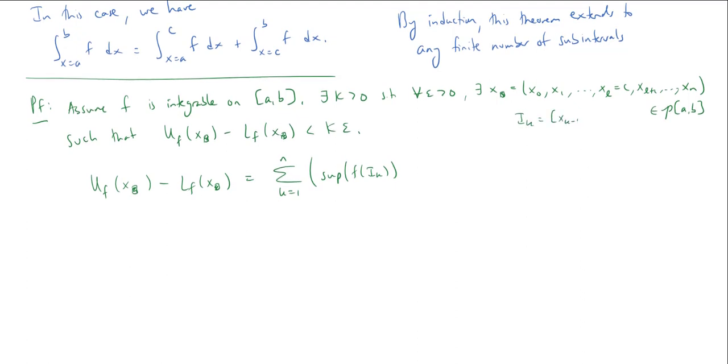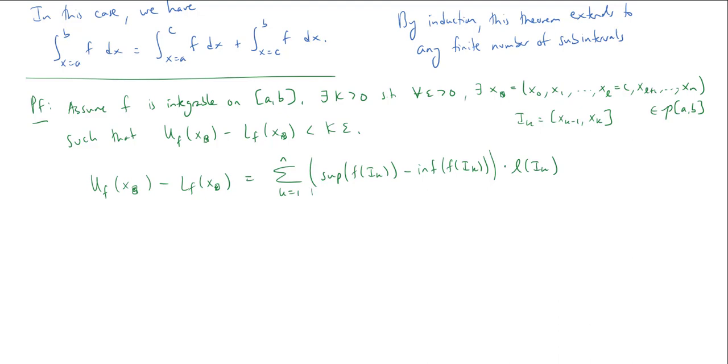Ik would be the interval from x_{k-1} to x_k. So I can take the difference of the suprema and the infima for each k, and then I multiply that difference by the length of Ik.